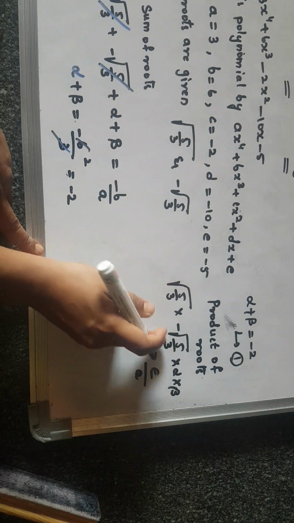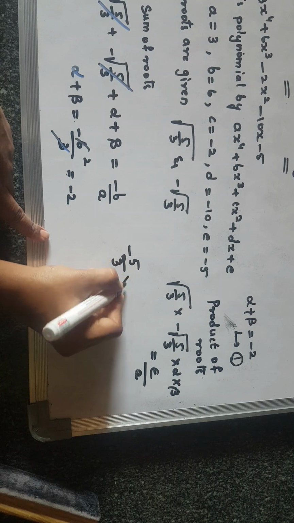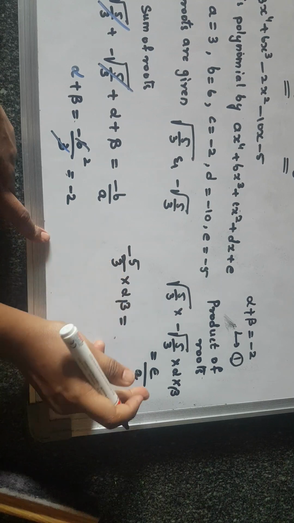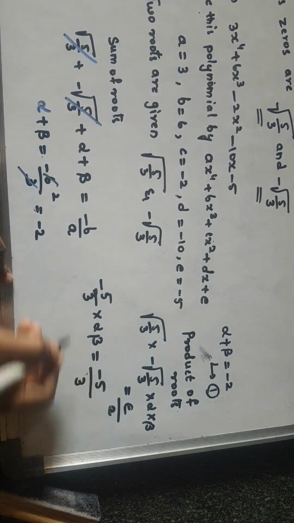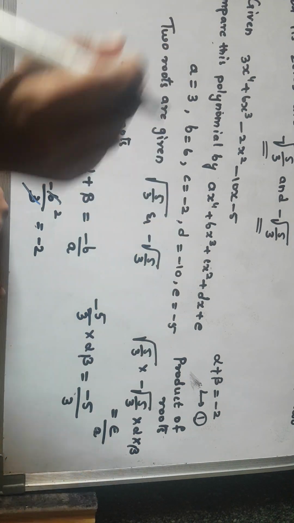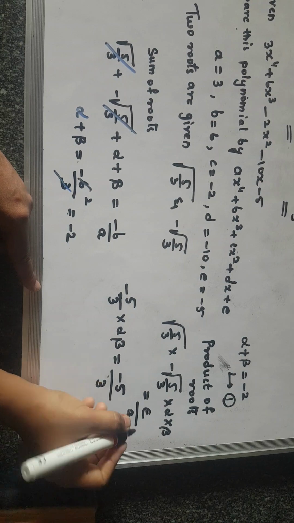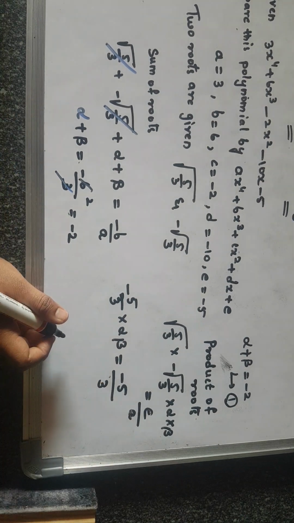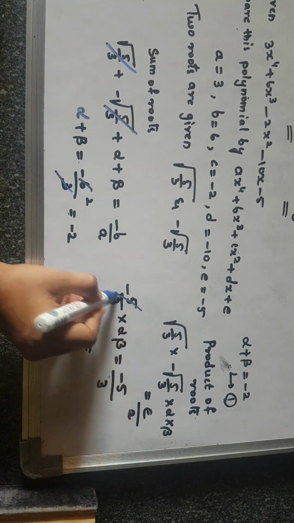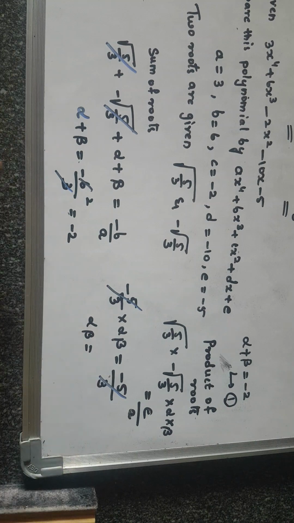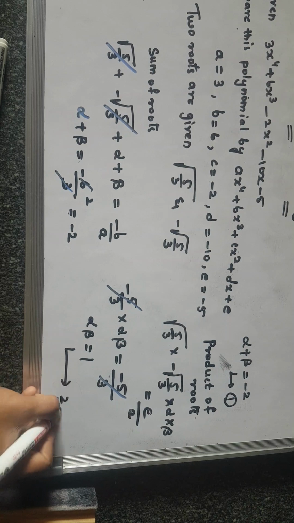Multiply these two, minus 5 by 3, this value becomes into alpha beta, equals to what is e factor here? Minus 5. Minus 5, what is the value of a? 3. So minus 5 by 3. Now what is the value of alpha beta? Cancel this out. This value is cancelled with the minus sign also. What is alpha into beta? This value becomes 1. Now consider this as equation 2.